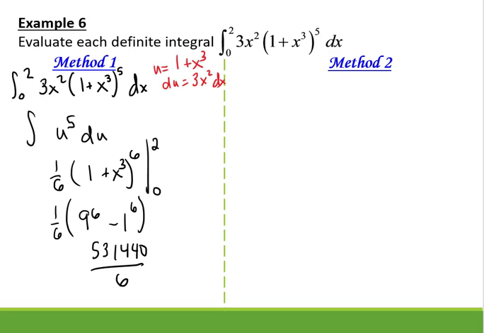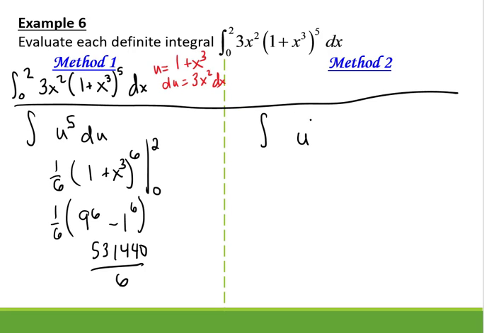There's another method where, same work over here, I can change this to u to the fifth du, but I can write these integral limits in terms of u. So if I plug in 2 for x, I get 9.